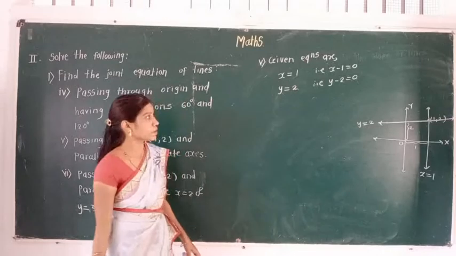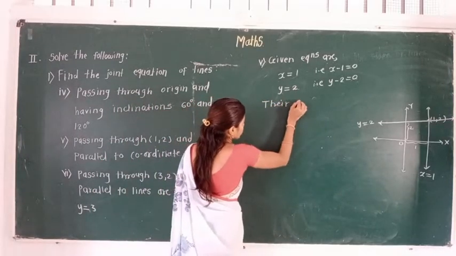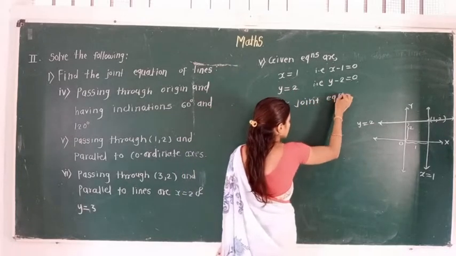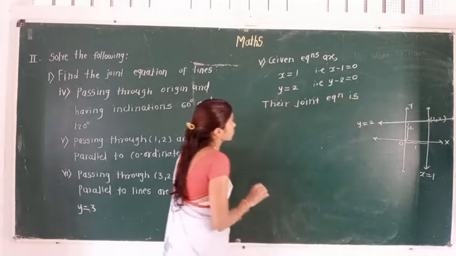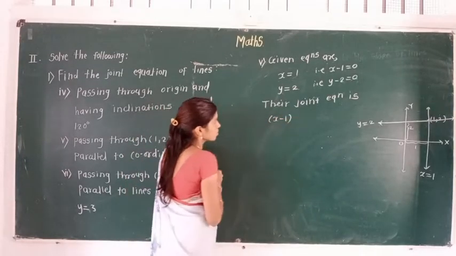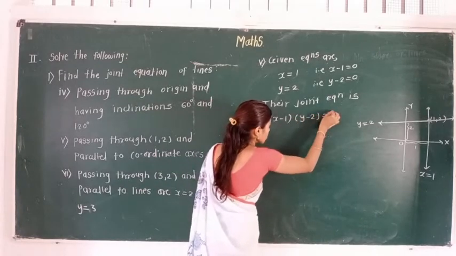Now their joint equation is: first equation x minus 1, second equation y minus 2, equal to 0.